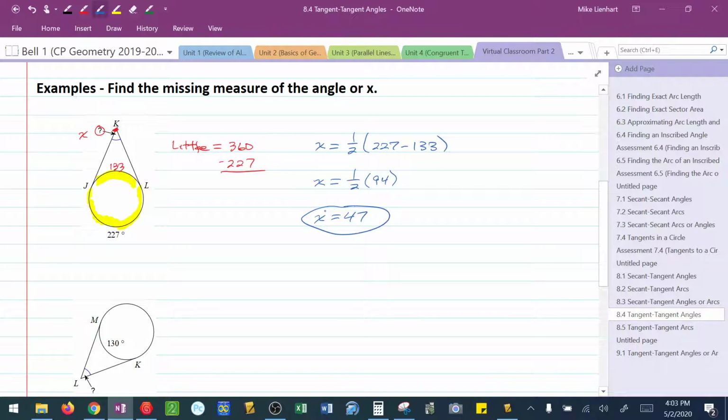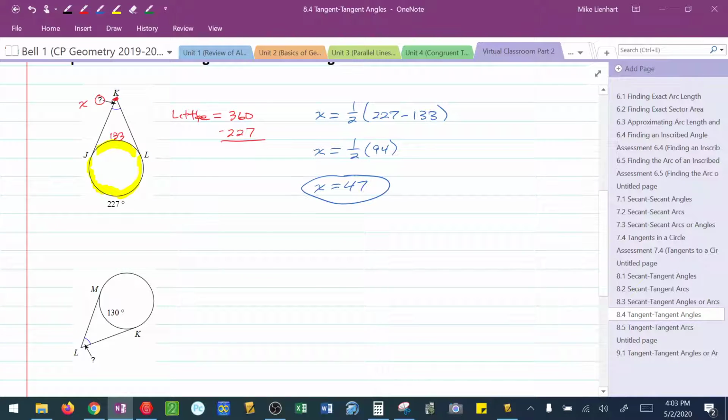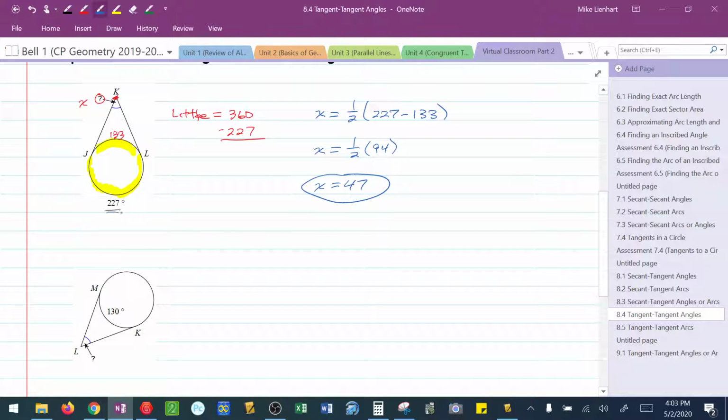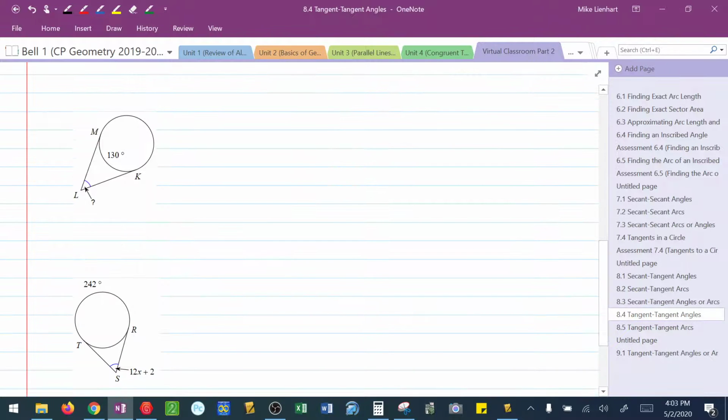What about a scenario like this? Notice in this one, we were given the big arc. What if we're given, in the second scenario, the little arc? Not a problem. What I need to do is identify what big is. So the big would be 360, one time all the way around the circle, minus 130, which tells me the big arc is 230.